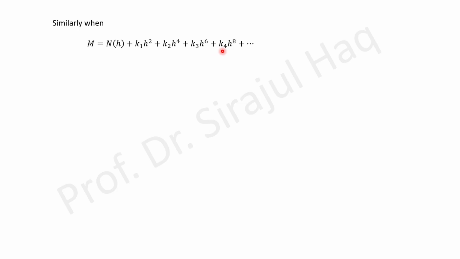I am not deriving that again, but I will say in this case Ng of h is of order h raised to the power 2j. Why 2j? Because in this case you can see this is 2, this is 4, this is 6 and this is 8. So it means that the power is even.